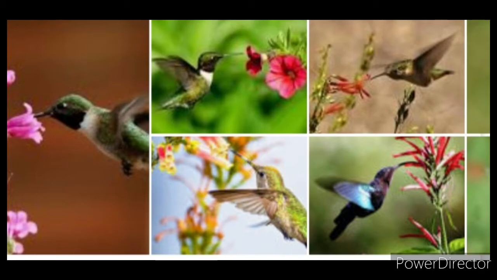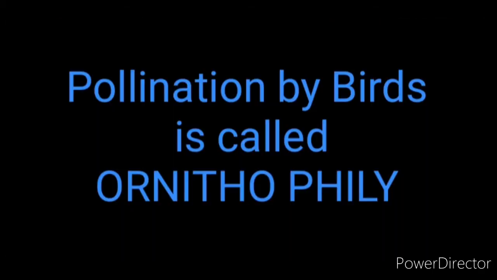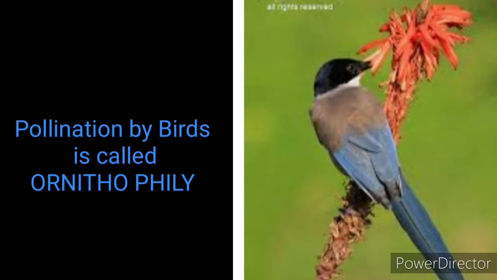Then there are bird-pollinated flowers. Pollination by birds is called ornithophily. Study of birds is called ornithology. Usually bird-pollinated flowers are brightly colored, with long tube-like flower parts, and inside the tube-like structure there is nectar.